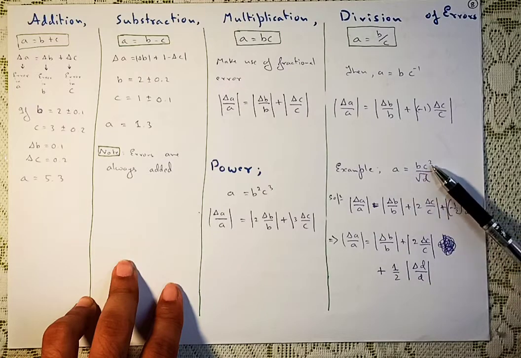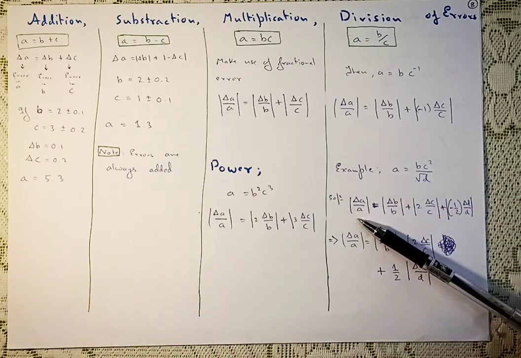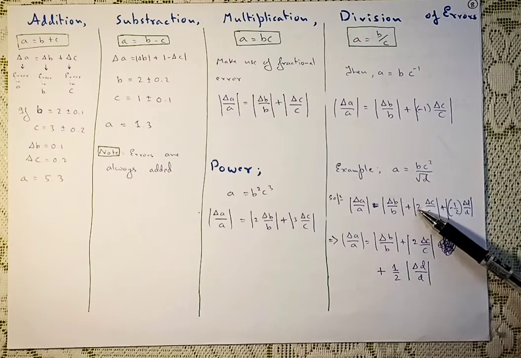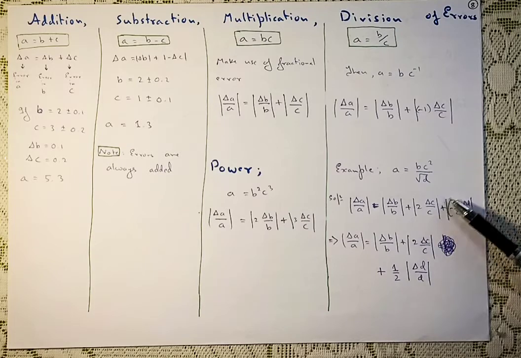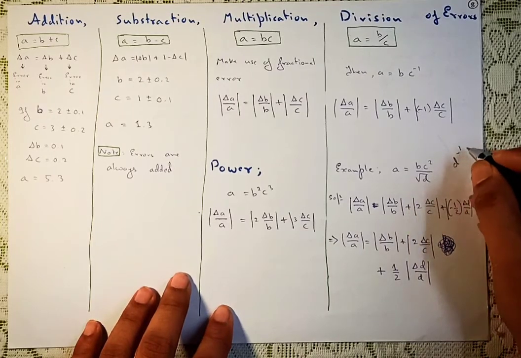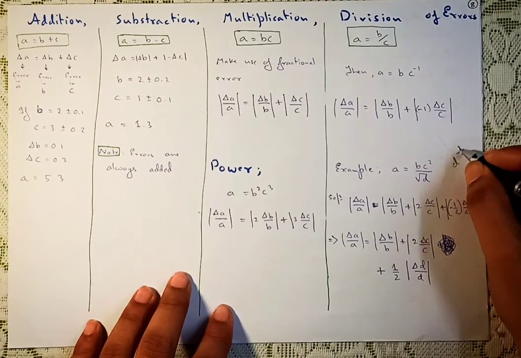A is equal to B C square divided by root over D. This is delta A divided by A, and then this is delta B divided by B, the 2 is going to come in the front, delta C divided by C, plus mod, since this D, when it goes to the numerator, becomes D to the power minus 1 by 2.